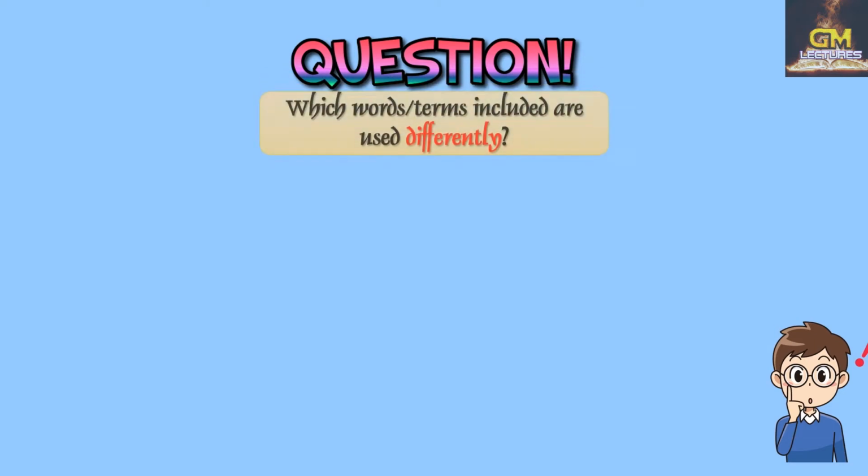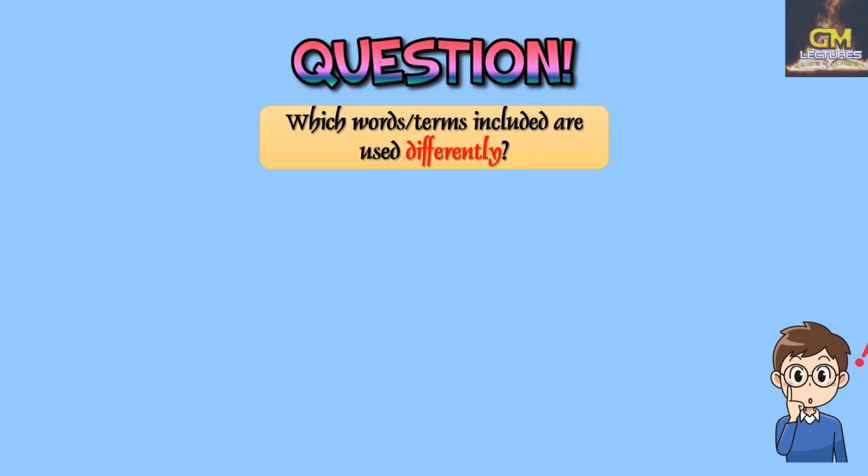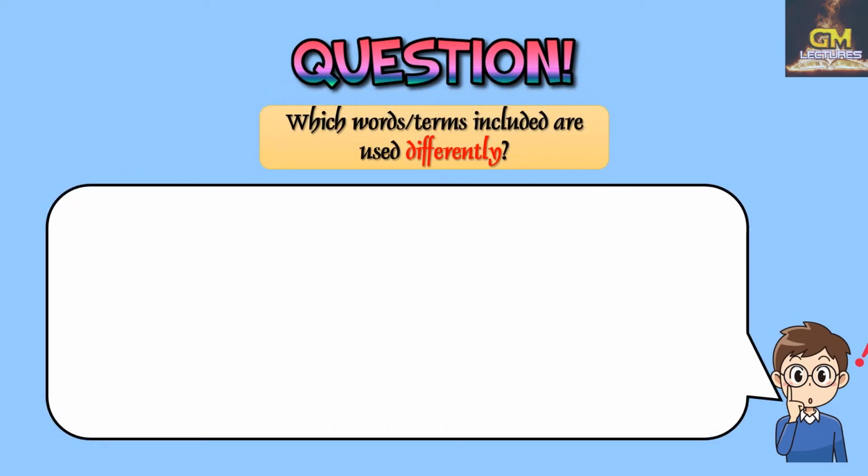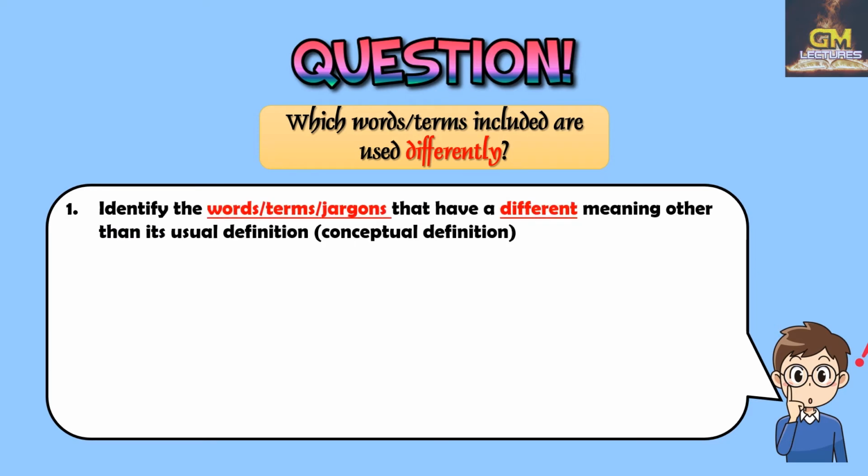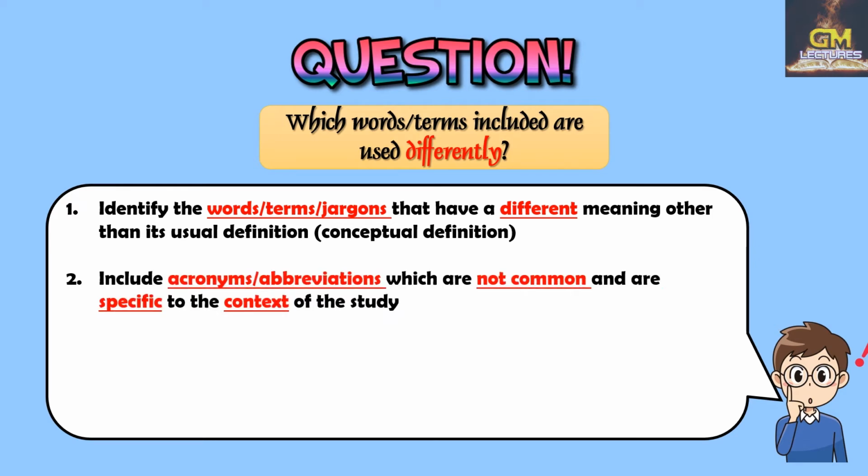When we ask the question which words or terms included are used differently, we have to consider the following. First, we have to identify the words, terms, or jargons that have a different meaning other than its usual definition or conceptual definition. Second, we could also include acronyms or abbreviations which are not common and are specific to the context of the study.